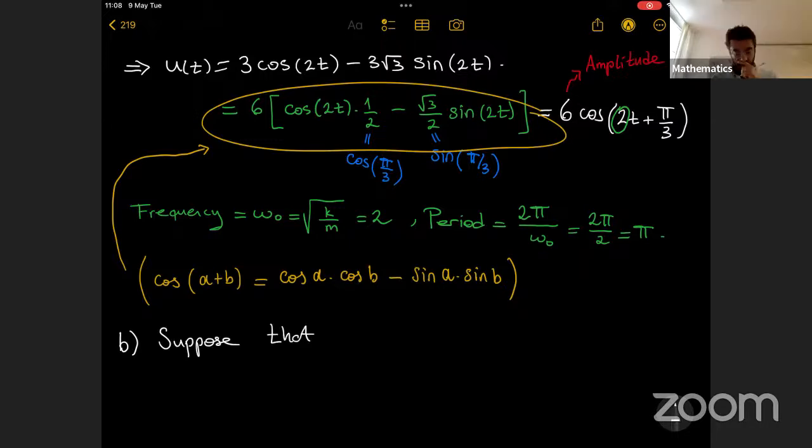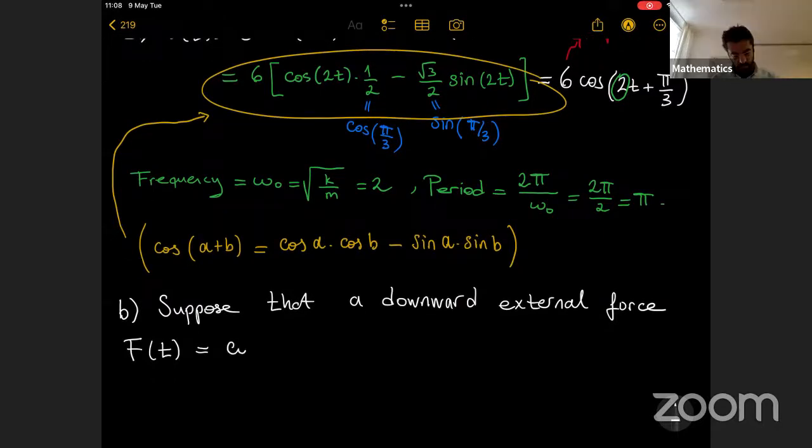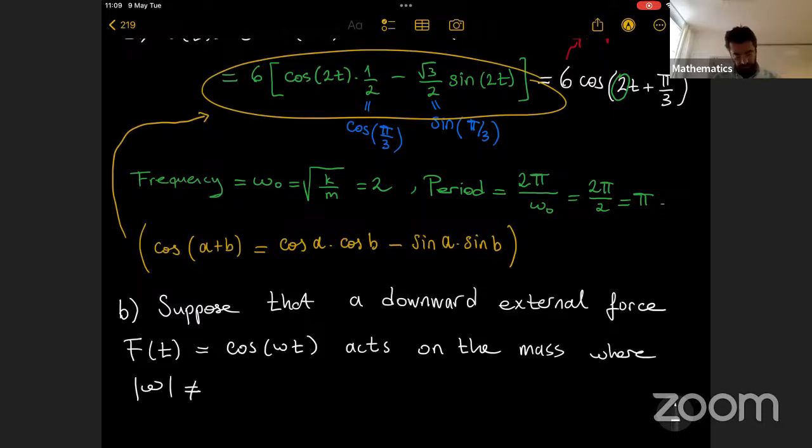Suppose that a downward external force F(t), which is, let's say, cosine Wt, acts on the object mass, where here, let's say the W is different from W0, which is 2, okay? Which is different from the frequency of the system.